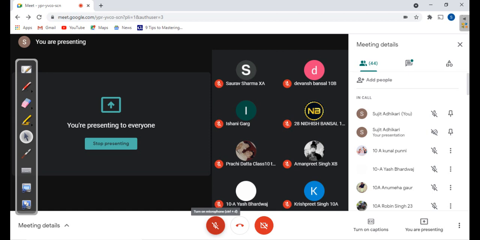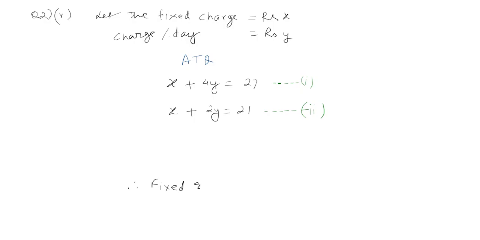Ben is creating a problem now. Fixed charge, okay, and charge per day.